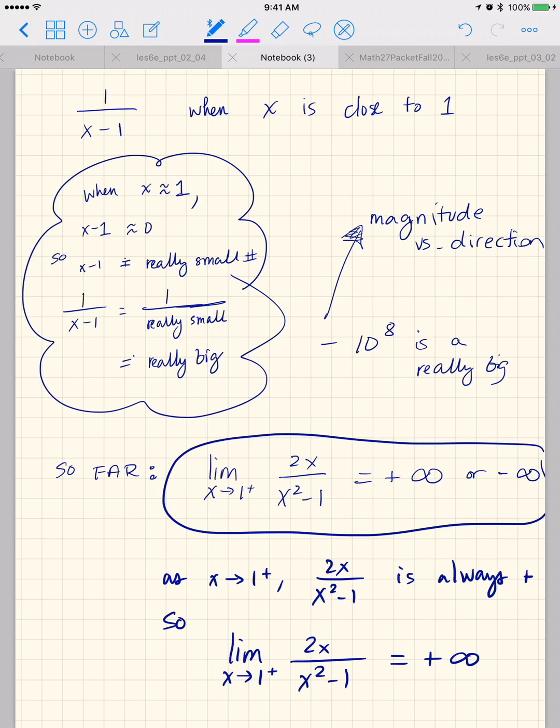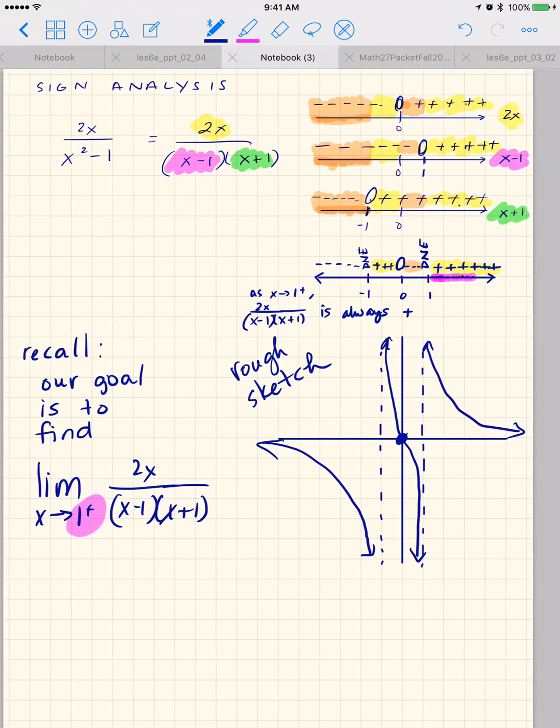Okay? Now it might seem like this takes a really long time, but it really doesn't with practice. So I want to show you how to do the sign analysis really quickly. I'm going to do another example, not explaining it step by step, to show you that it's a pretty quick process.